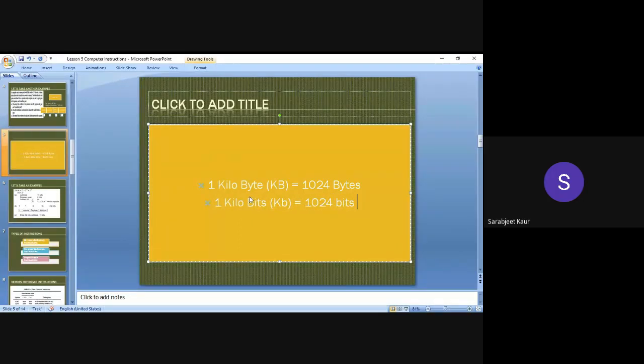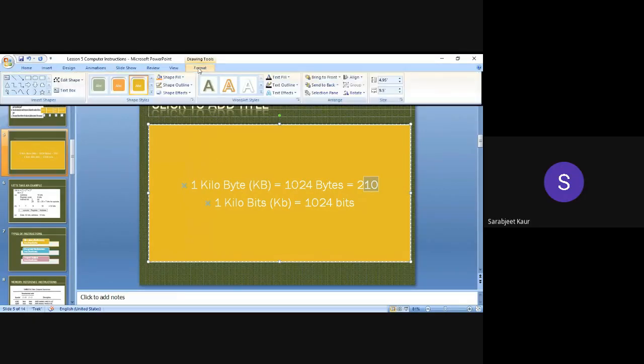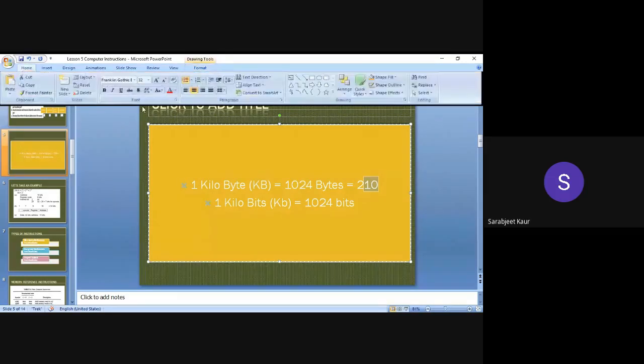So in general, 1K is presumed to be 1000. And 1024 is equal to how much? It is equal to 2 raised to the power of 10.